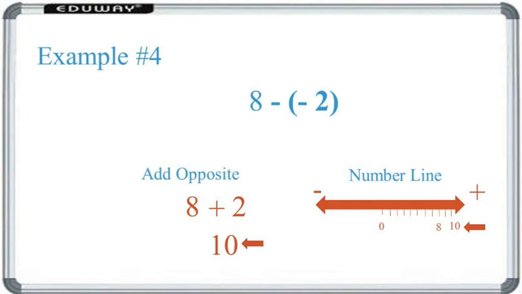A double negative in math is really similar to a double negative in English grammar. You probably learned you are not supposed to have two negatives in a sentence. I will explain why really quickly, because it works the same way as why we change direction on our number line.